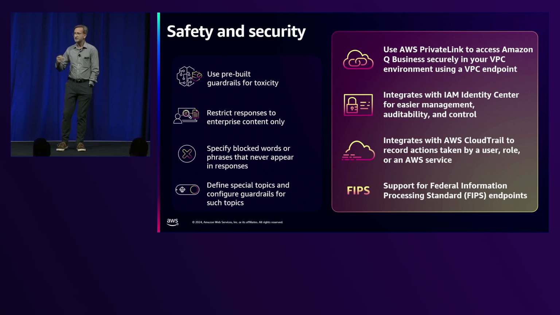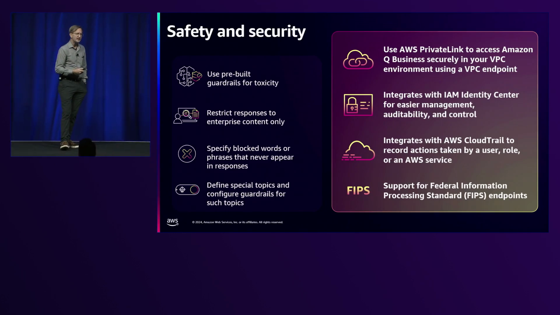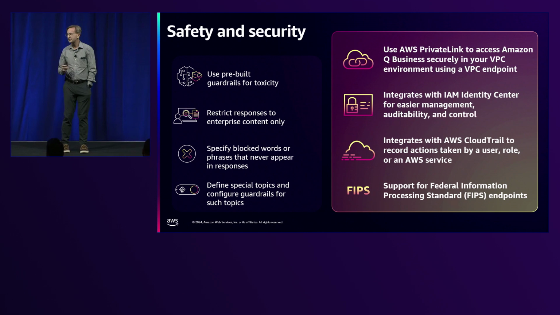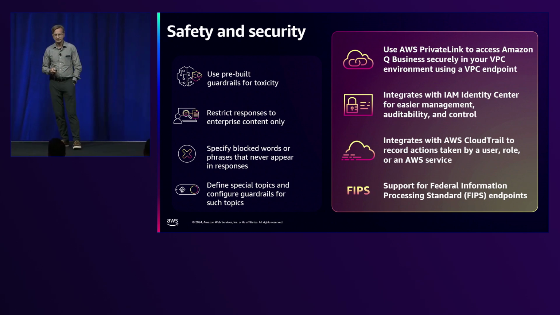And you can use, of course, AWS PrivateLink, like we mentioned with Bedrock before. That way you can access Q Business securely through a VPC endpoint from your VPC. And I think most importantly here is that it integrates with AWS Identity Center. And as I mentioned, I think one of the key pieces with the secure use of any generative AI application is that you're putting identity at the center of that application. And Q Business absolutely does that.